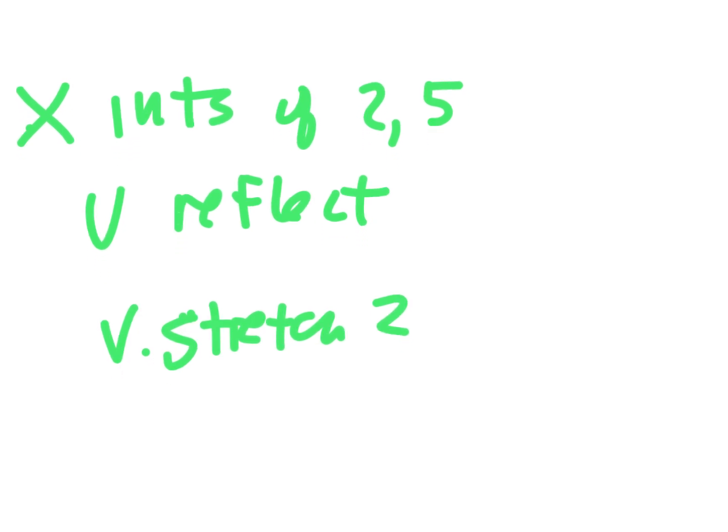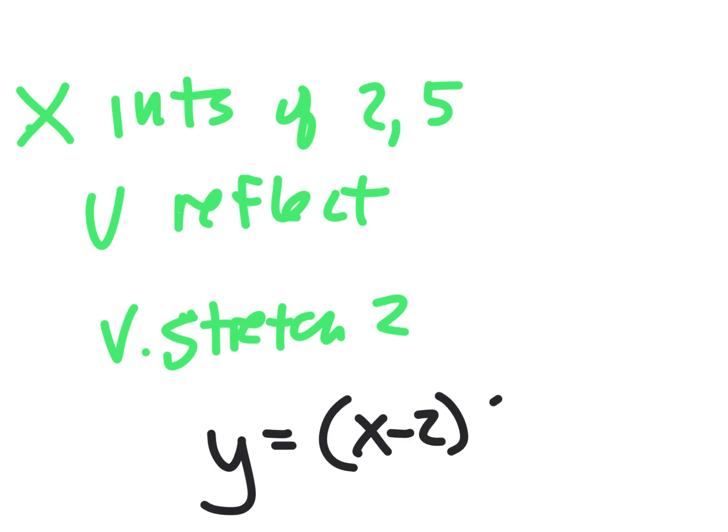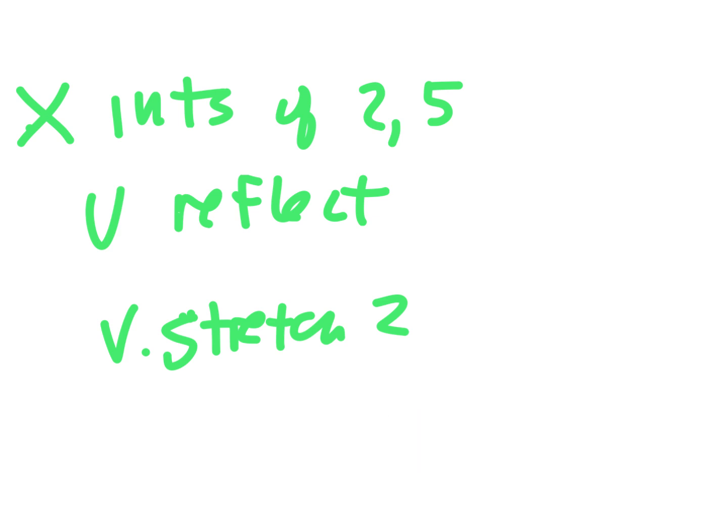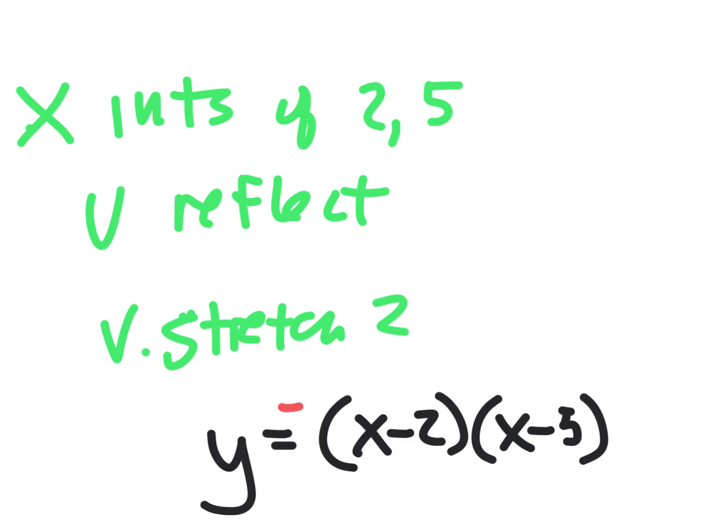Can you write the equation for that? That stretch is also called the scale factor. The x-intercept of 2 means x minus 2, and x-intercept of 5 means x minus 5. And that vertical reflect means there's a negative out here. And then the vertical stretch of 2 means there's a 2 out here. Raise your hand if you had that one right. Okay, cool. So it's just writing an equation.